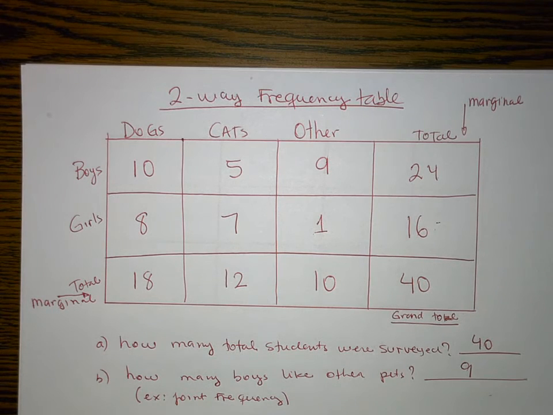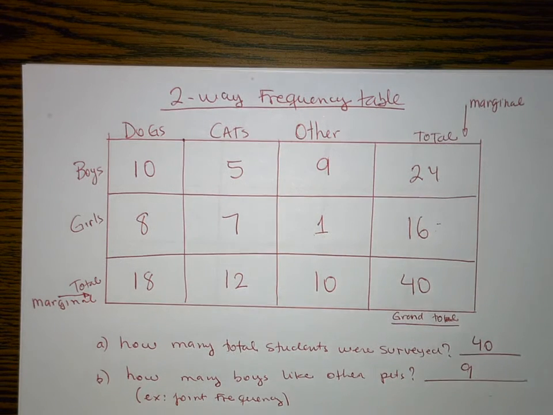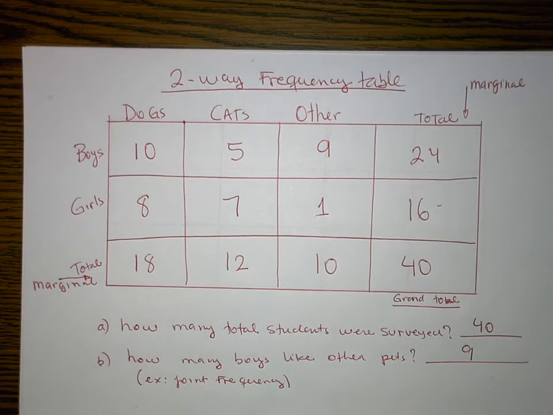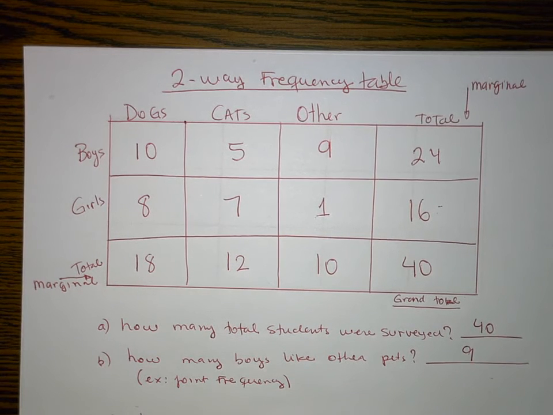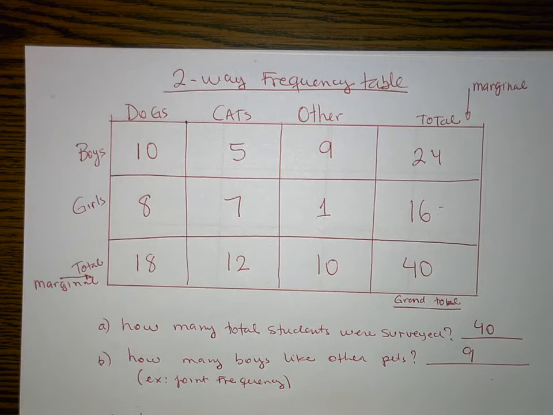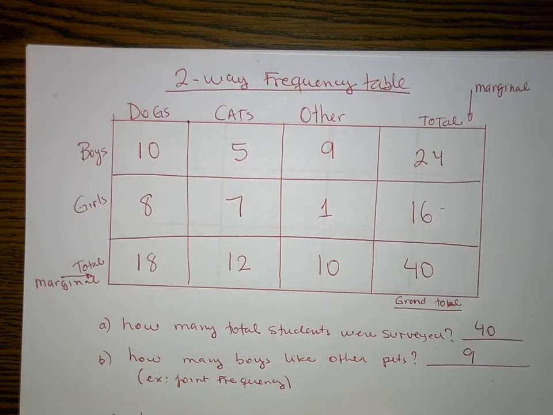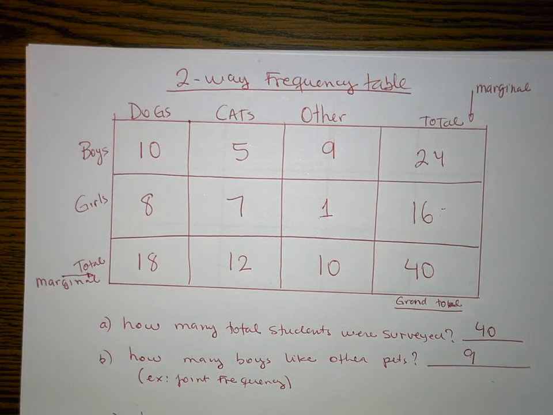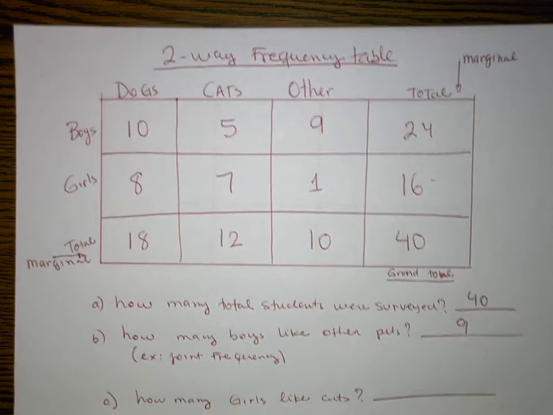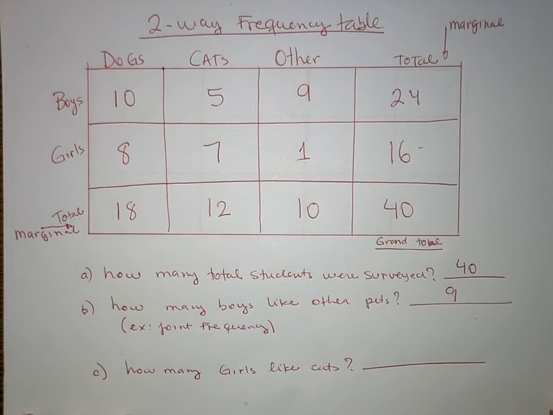I can ask you, letter C, what is the frequency of how many girls like cats? How many girls, oh, I didn't know that you guys couldn't see it. How many girls like cats? If you look at the table, let me zoom out a little bit.